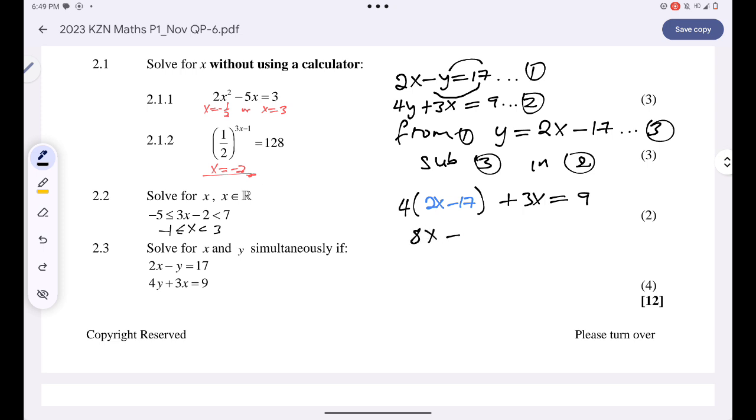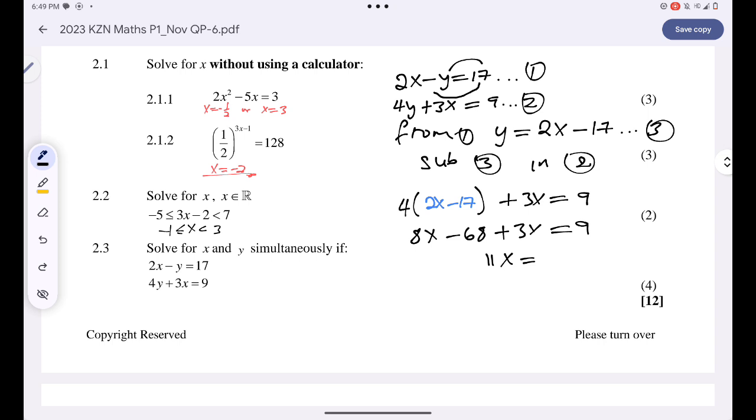Okay, 4 multiplied by 2, this will give me 8x. 4 multiplied by 17, 34, isn't 68? 17 times 4, yeah, it's 68. So it's negative 68 plus 3x is equal to 9. Okay, 8x plus 3x, this will give me 11x.